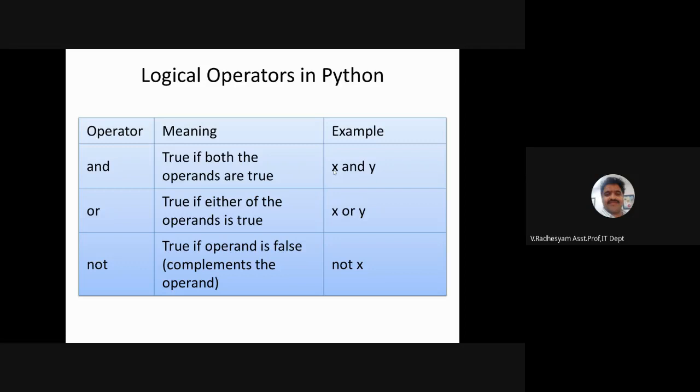If both conditions are true, then only the bill amount will be considered at 5 rupees per unit. Here you have to fulfill both conditions X and Y, so in that case we will use the AND operator.